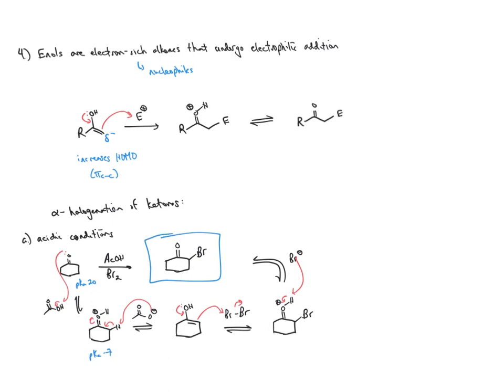Now, why can't this just react again? Let's think about what might have to happen in order for this to react again. In order for this to react again, the first step of the reaction would be we would have to protonate the alkene, or protonate the carbonyl. And this step is really, really slow. And it's really slow because the bromine is pulling electron density from the carbonyl.